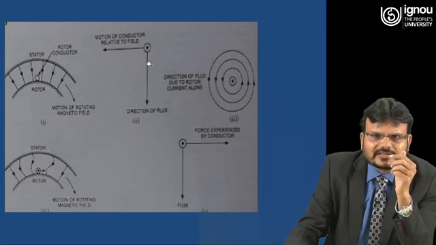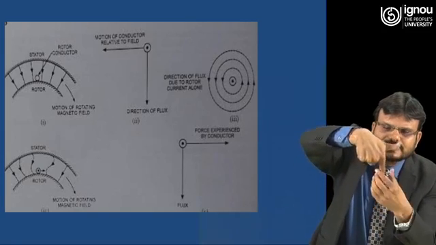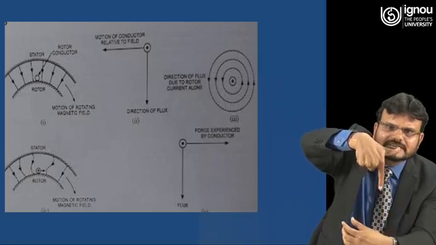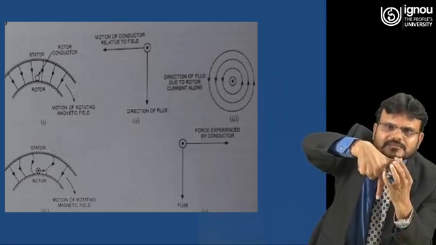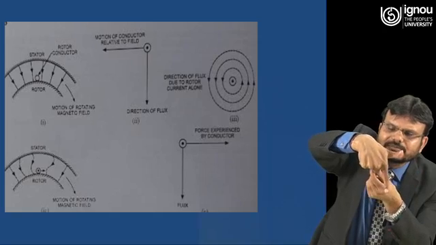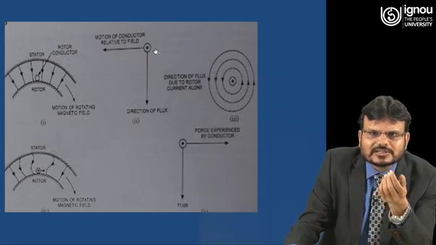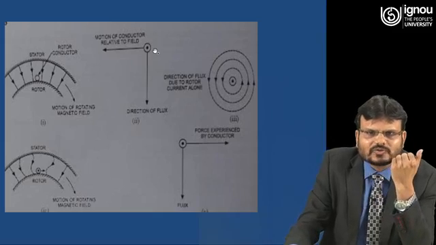Now you have the direction of the flux in this direction and the motion of the conductor in this direction. Just apply the Fleming right hand rule. Here you can see this first finger is the direction of the flux, and this thumb is the direction of the conductor relative to the field. So this middle finger will show the direction of the current. This dot shows the direction of the current, that means the current is coming outward.